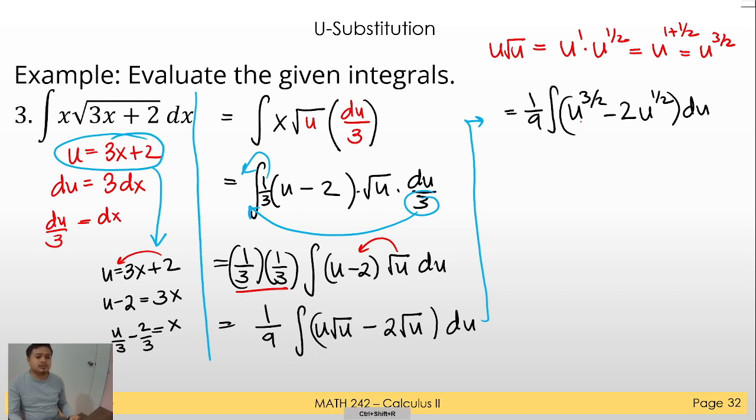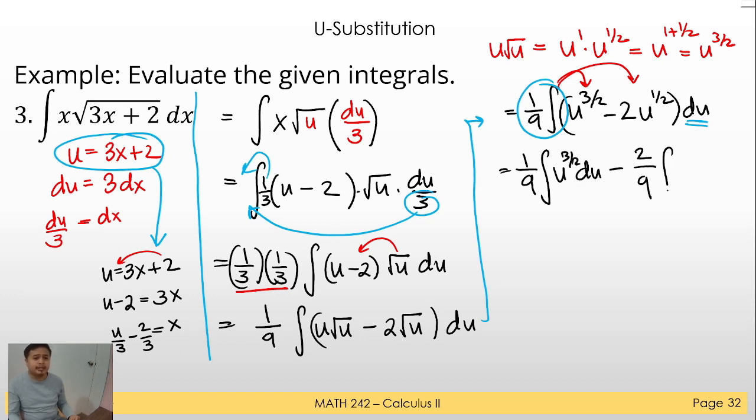Okay, guys, since we have two terms, we have to distribute this integral for each one. So we have also this, don't forget also this 1 over 9 and this du. So we have the integral of 1 over 9 u raised to 3 halves du minus 2 over 9 the integral of u raised to 1 half du.